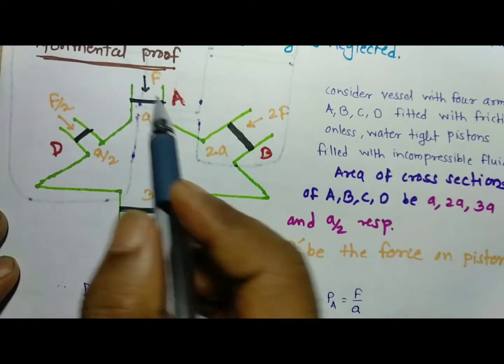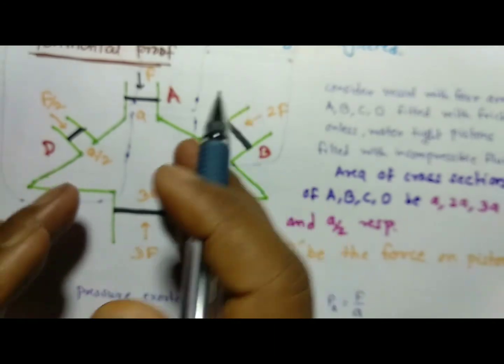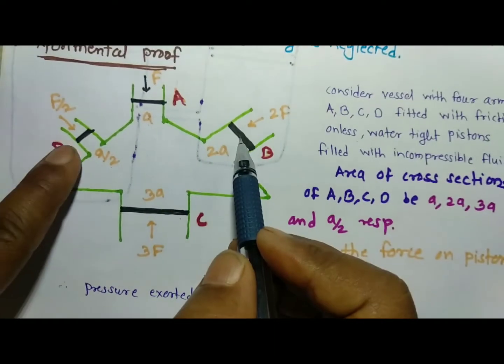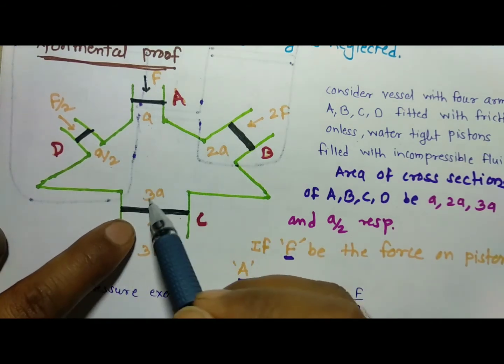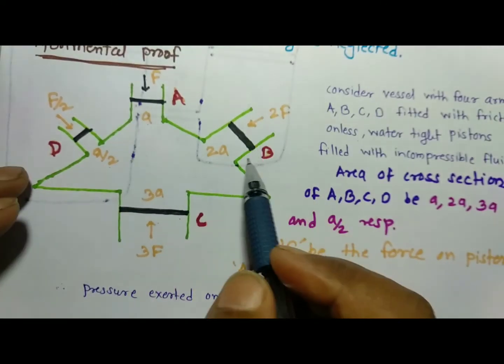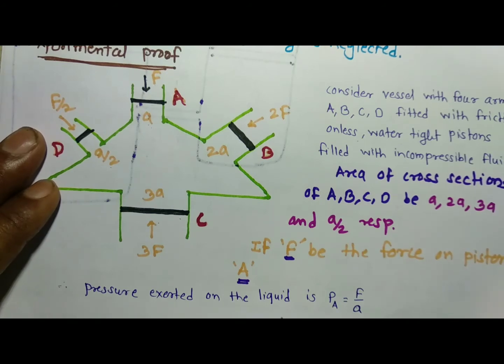At that time, the pressure applied provides an outward pressure on the other 3 arms, that means B, C, D, and if you want to stop those arms, you require different forces, that means 2F, 3F, and F divided by 2. First of all, the definition of pressure is force per unit surface area, and therefore the pressure at point A, PA, is F divided by A.